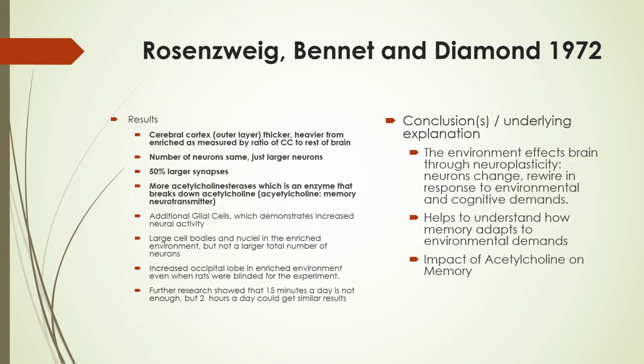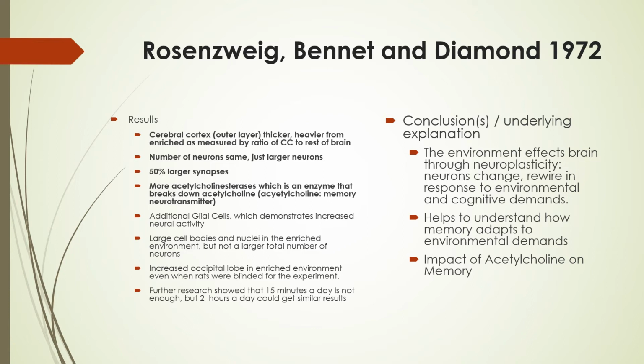And what they found was that in the enriched environment, the cerebral cortex, which deals in higher levels of thinking, more complicated processes, was heavier than in those that were in the empty environment, the lonely environment. And the number of neurons were the same.